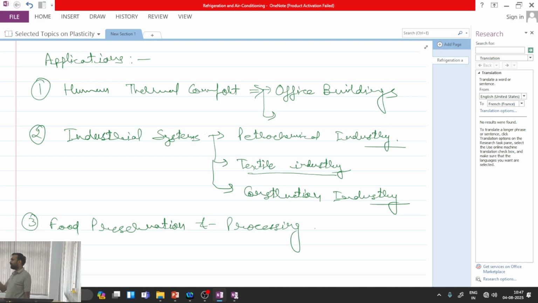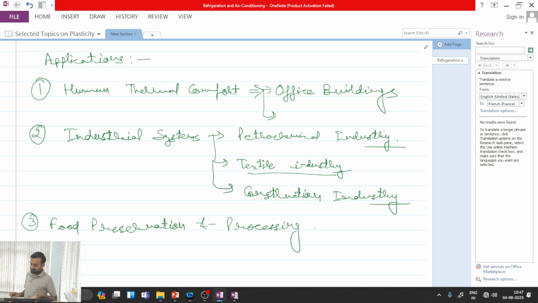For processing of the milk you have to go to different temperature conditions. For that refrigeration and air conditioning is needed. You have to preserve the foods for longer duration, for example, frozen vegetables, frozen meats, frozen fruits, etc. Then cold storage units. So in food preservation and processing, you do different types of tasks.